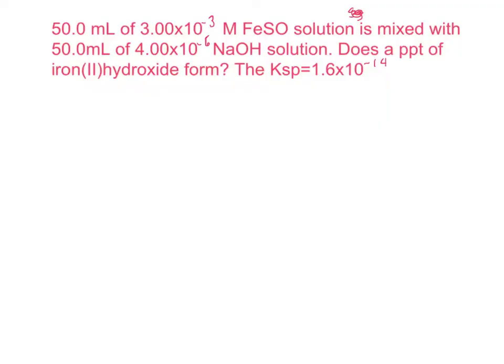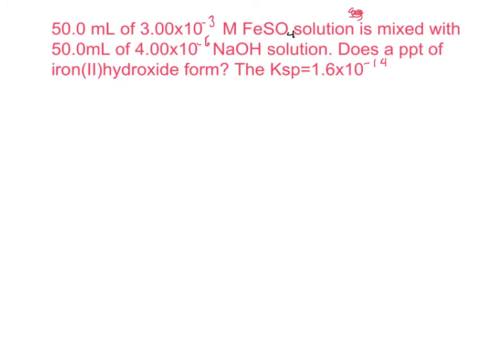Okay, so here's a question. 50 mL of a 3.00 times 10 to the negative 3 molar FeSO4 solution is mixed with 50 mL of a 4.0 times 10 to the negative 6 molar sodium hydroxide solution.